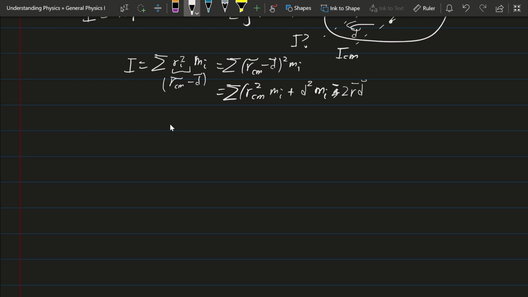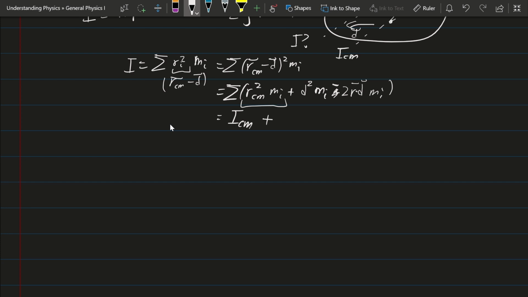If you actually try to realize this, you would notice that this first part is what we call the moment of inertia with the reference point of the center of mass. So we could write this as I_CM. You add it with the d squared m_i.